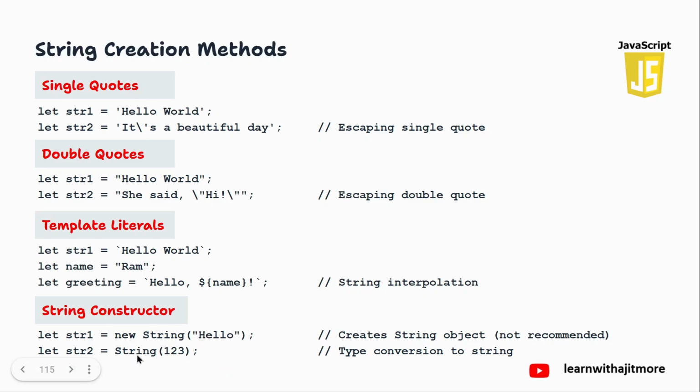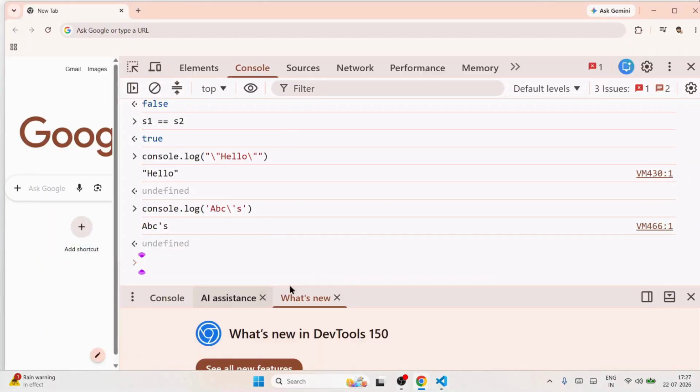And this is the casting function. It is casting a number to string. Okay, I showed, I guess.